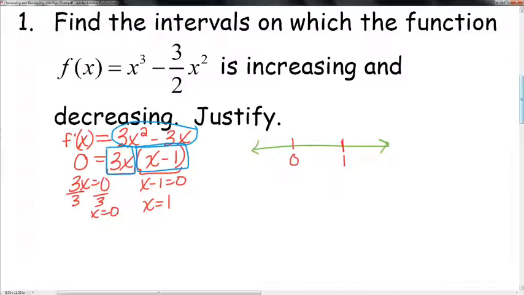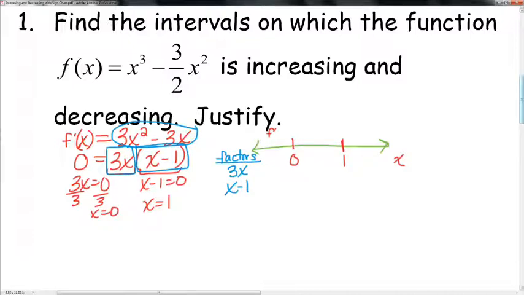So that's why I break it down into factors, and I'm going to list them. We're going to write 3x, and then x minus 1. On top we're tracking f prime. On the bottom, we're tracking our x coordinates.